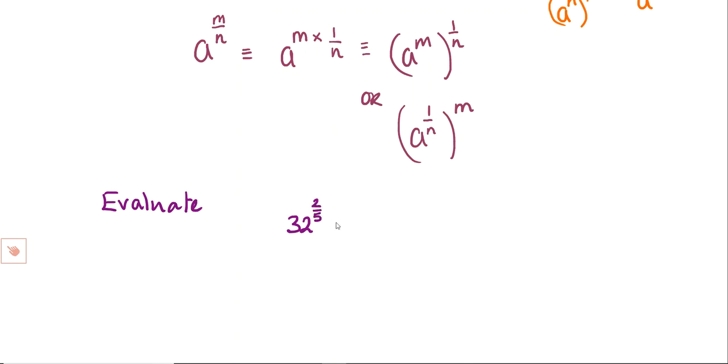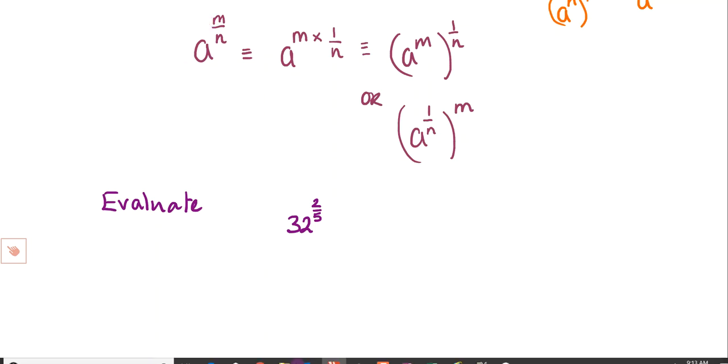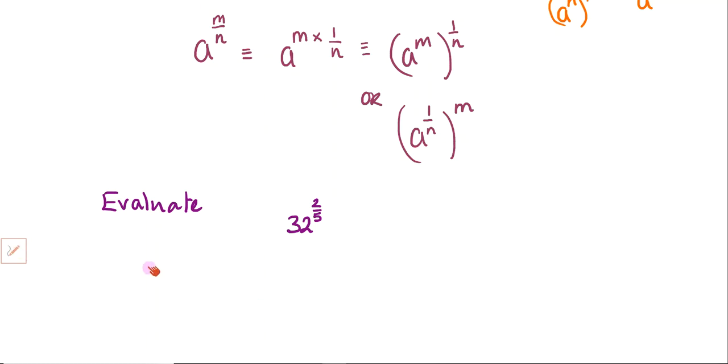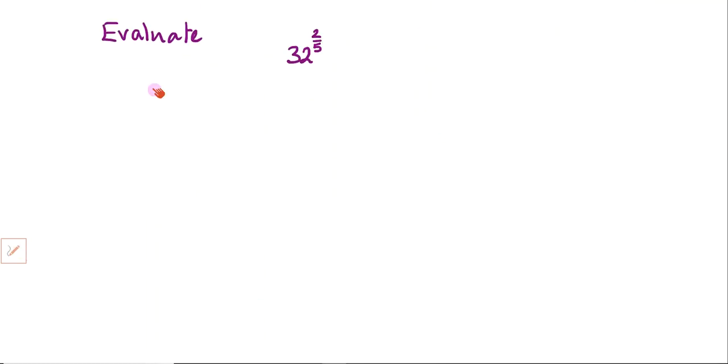Right guys, there are certain numbers that you're going to need to get in your head, and this is one of them, 32. So how do I rewrite it? I think of that as the 5th root of 32, then square it. Or 32 squared, and then the 5th root. Which one am I going to choose?